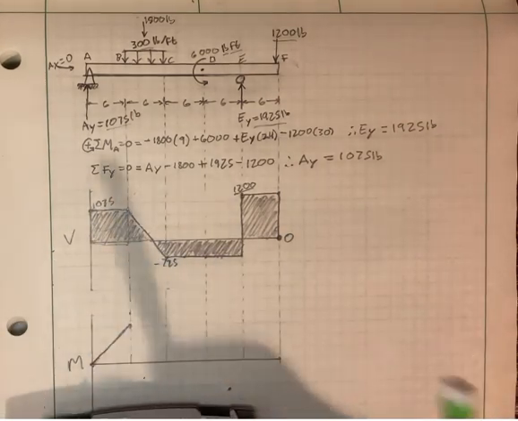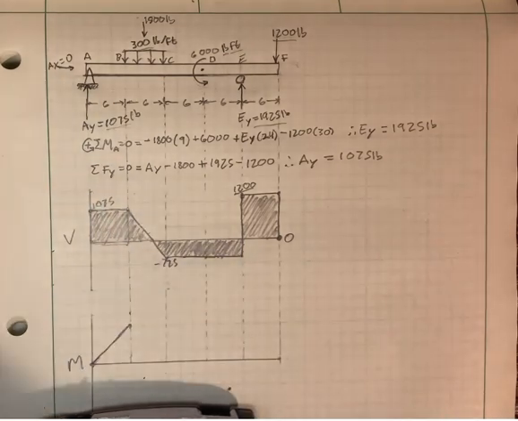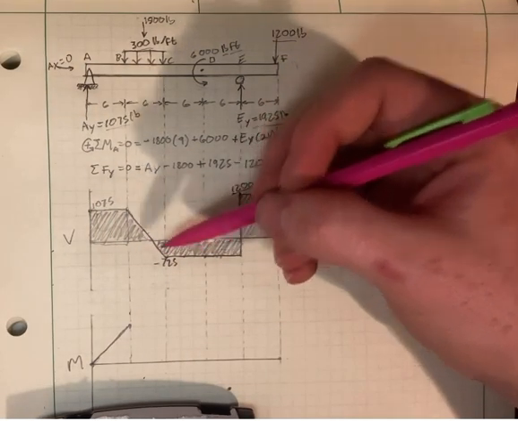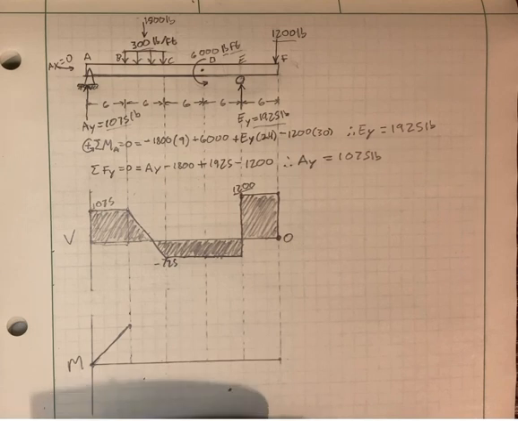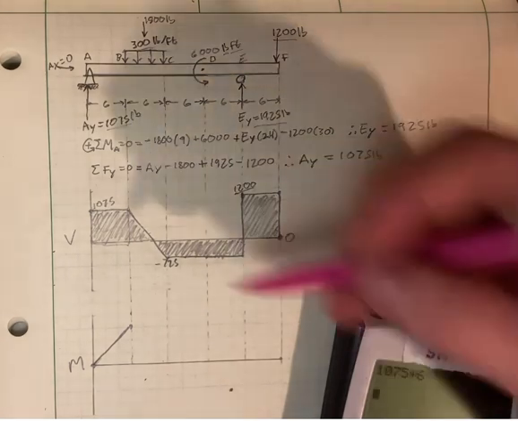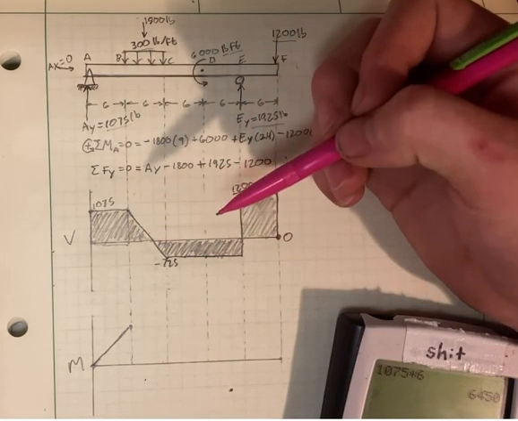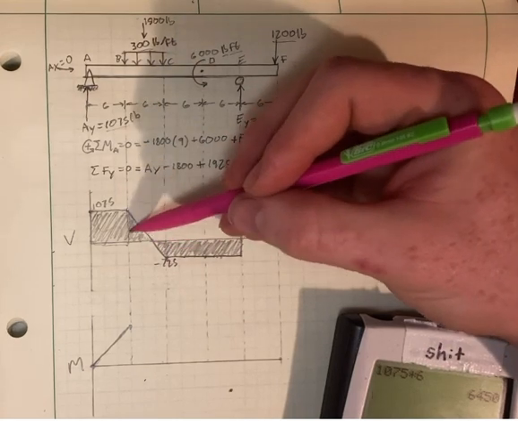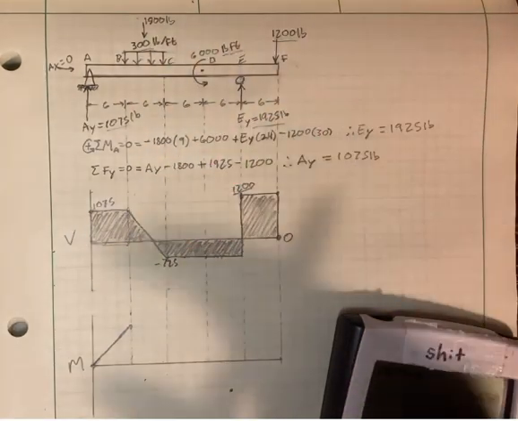Here's where it gets a little tricky, because now we're dealing with this slope line here. There's a couple different ways to do this. I'm going to show you the way that I think makes the most sense. Some people will use similar triangles, because there's a triangle here and a triangle there. That confuses me.